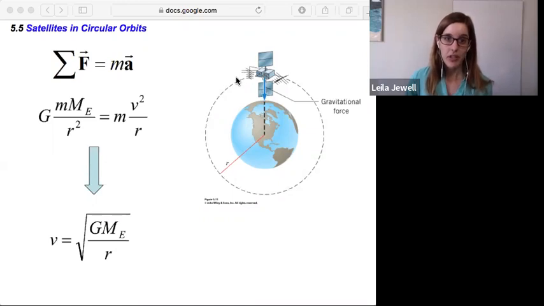We set that equal to our mass times our centripetal acceleration, v squared over r, because since the satellite is moving in a circle, it has to have that centripetal acceleration.